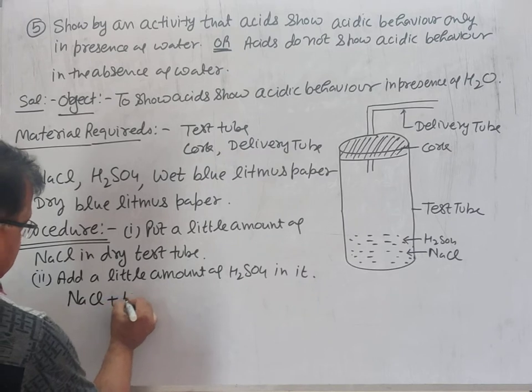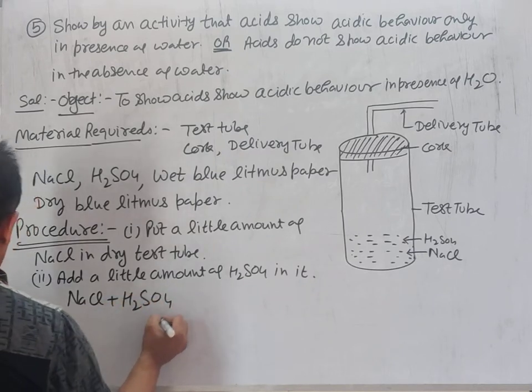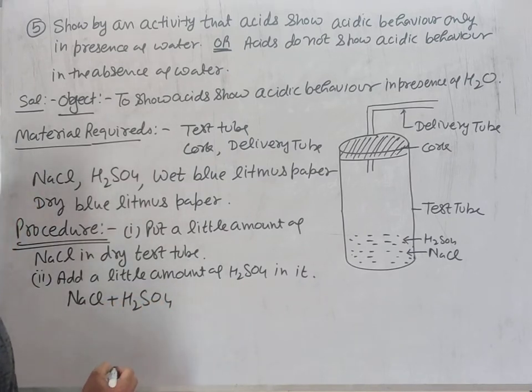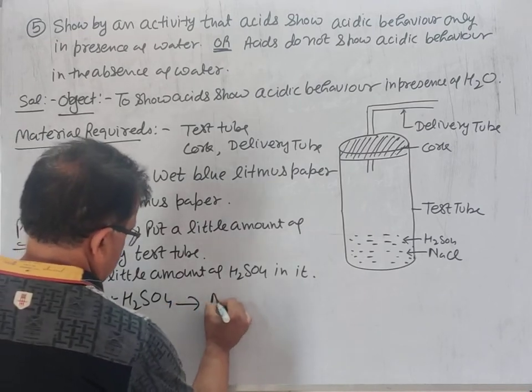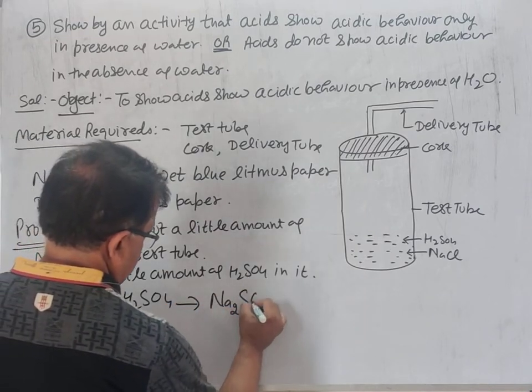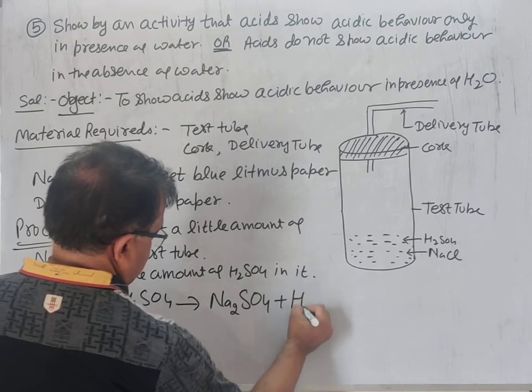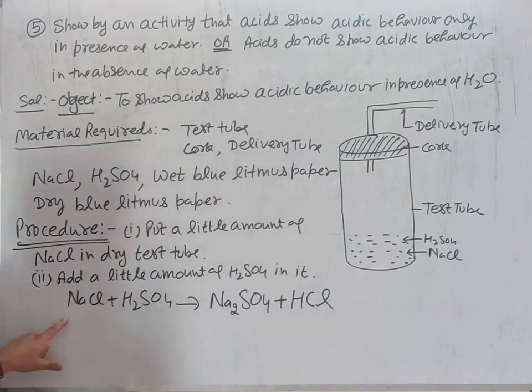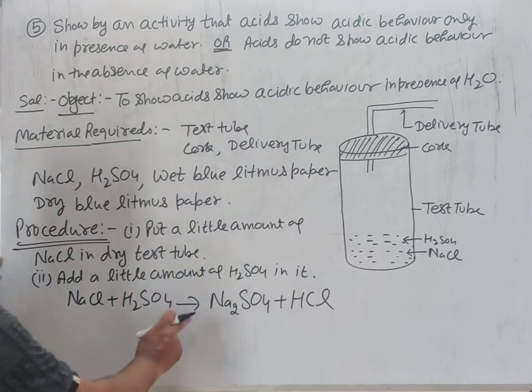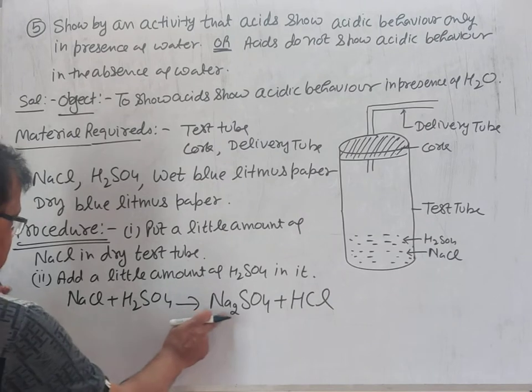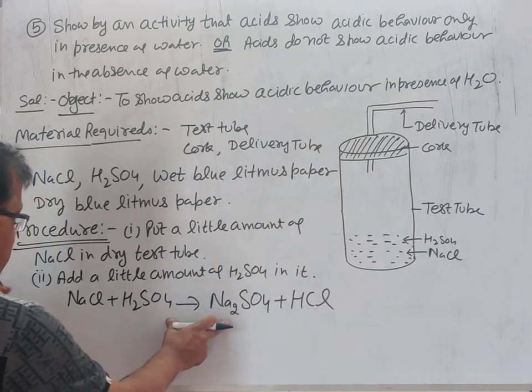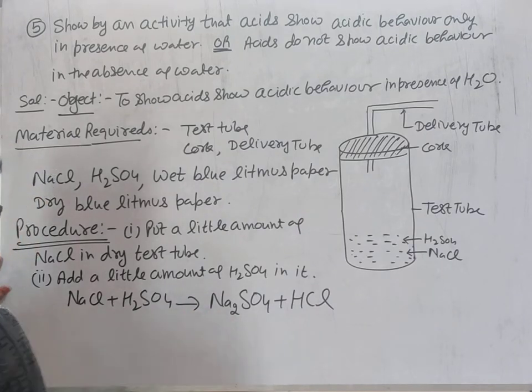NaCl reacts with H2SO4 and HCl gas will be produced. NaCl plus H2SO4, then here Na2SO4 plus HCl will be produced.